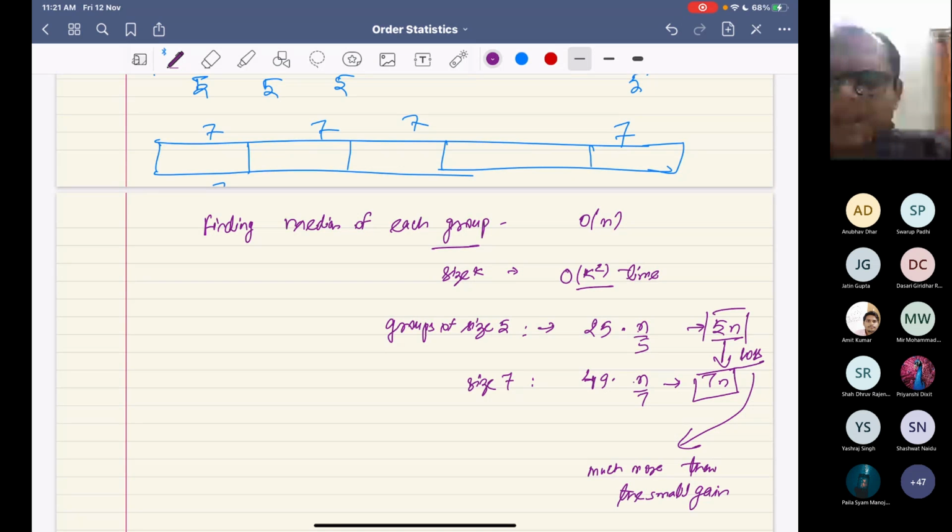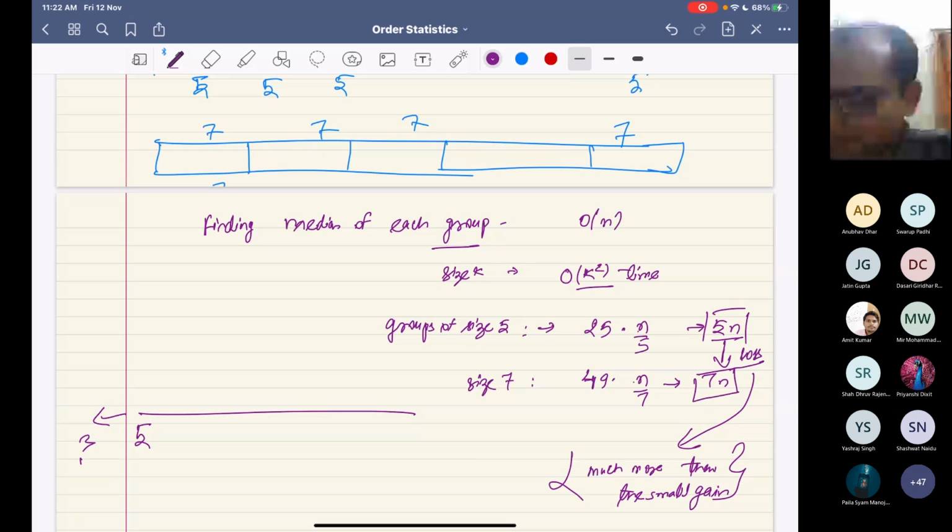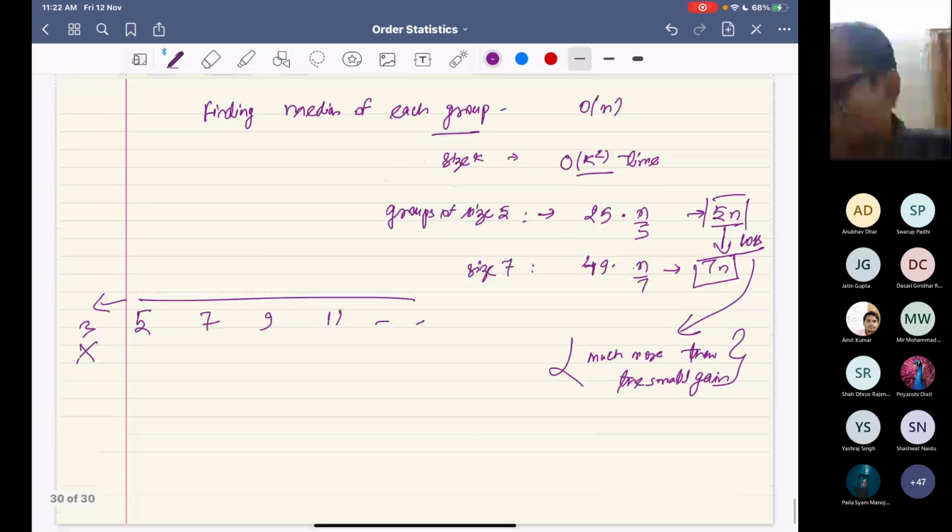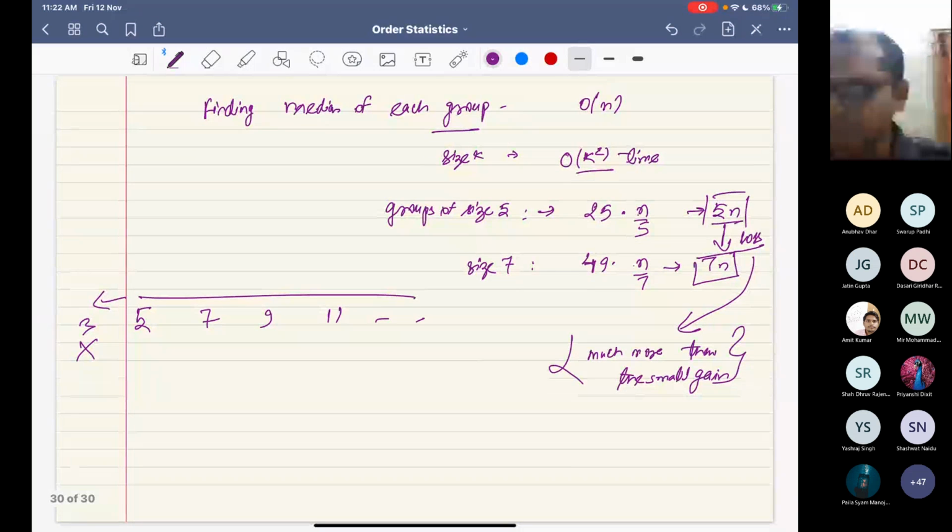Complexity is always order n, but the constant is increasing for order n. So that is why you can only start from 5. You cannot do before 5. 3 is not possible. You can do with 5, 7, 9, 11, whatever. But among these, it is best to do with the smallest possible group, and that is 5.